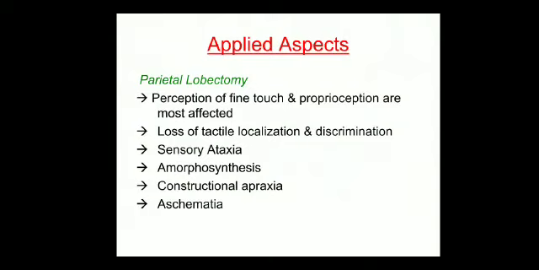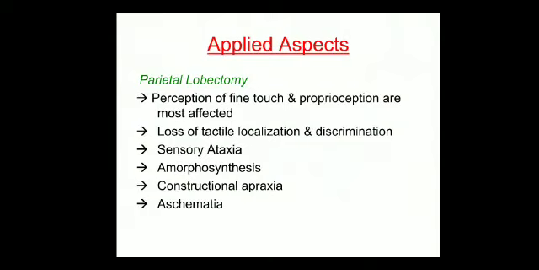And then you will see amorphosynthesis, which I explained in the last class only, and constructional apraxia and astereognosis. So all these things will be present in the partial lobectomy. Constructional apraxia means inability to copy the designs or objects.